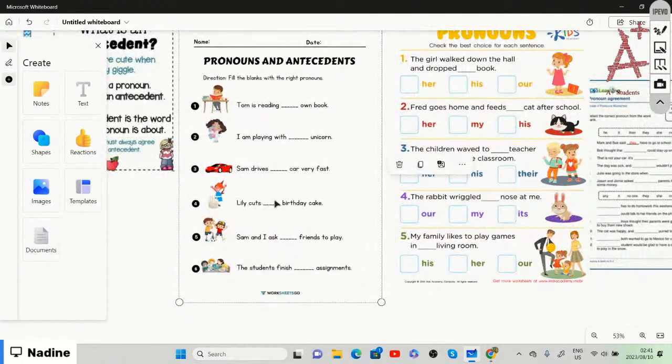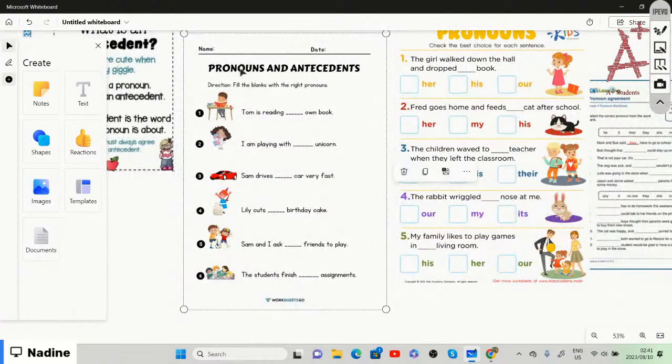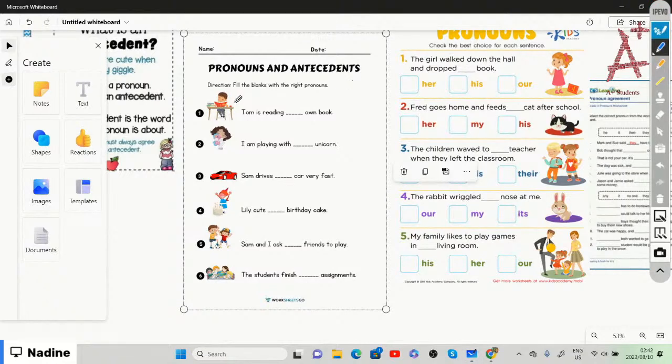All right, so now what we're going to do is fill in the blanks with the right pronouns. Here it says, Tom is reading. We can say Tom is reading his own book, because the book belongs to him.